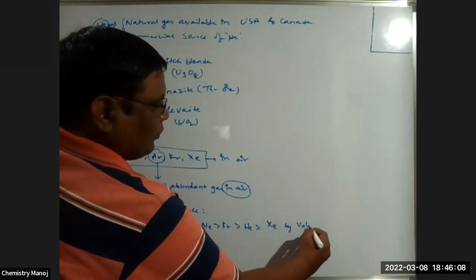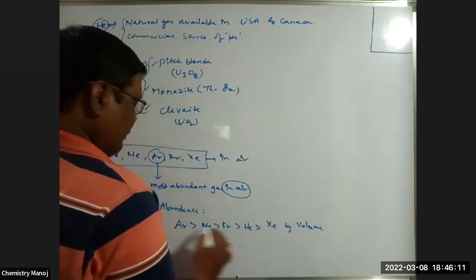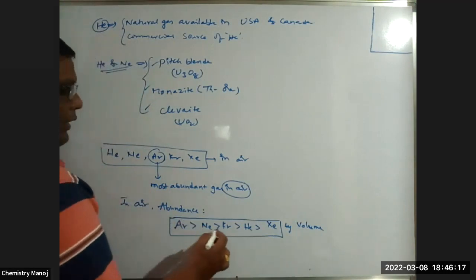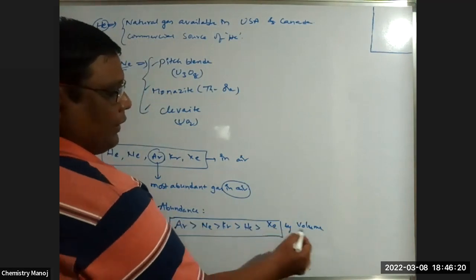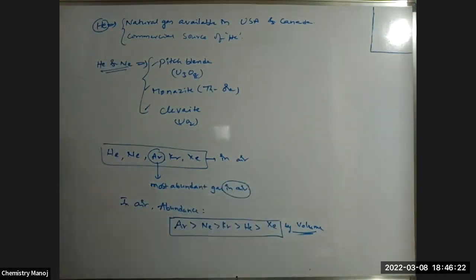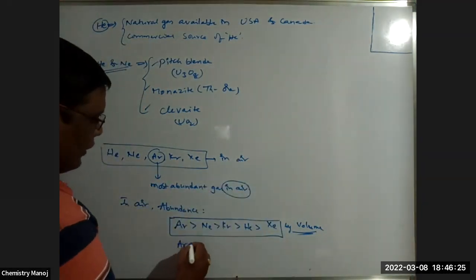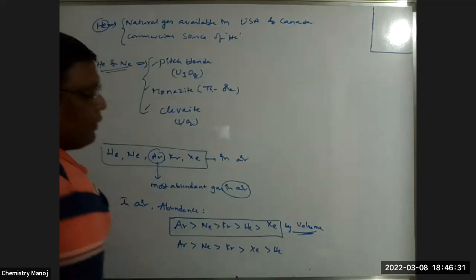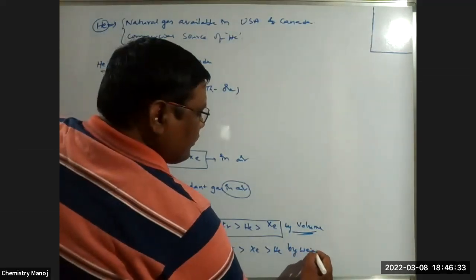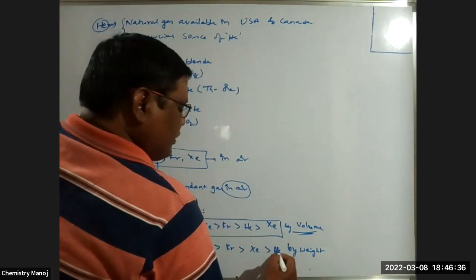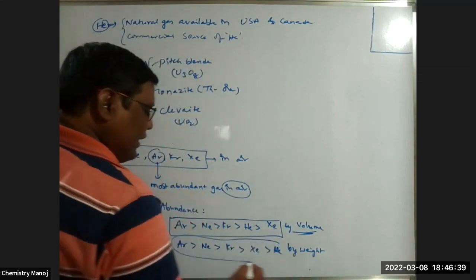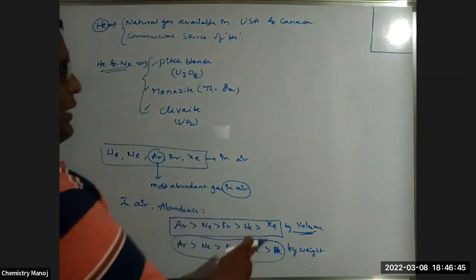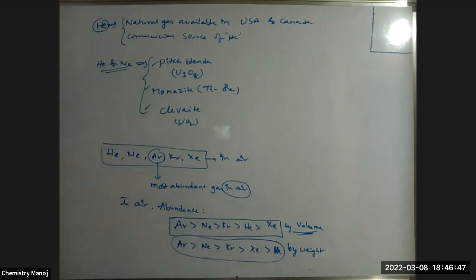By mass, by weight: argon greater than neon greater than krypton greater than xenon greater than helium. So by weight, the least abundant gas in air is helium, but by volume, the least available gas is xenon.